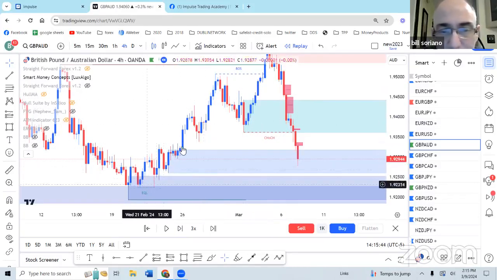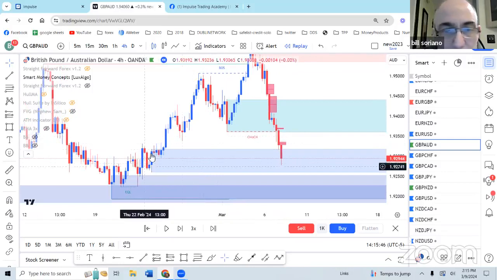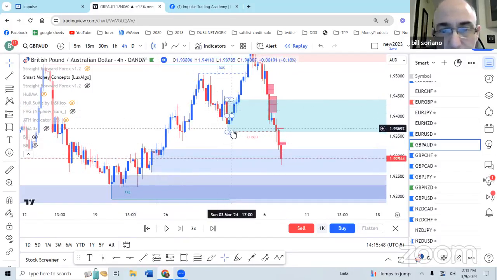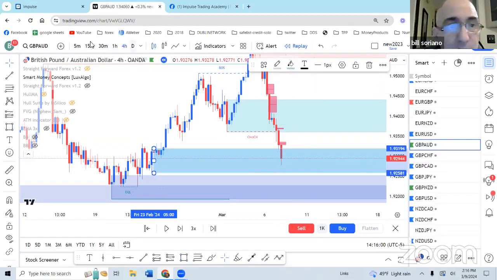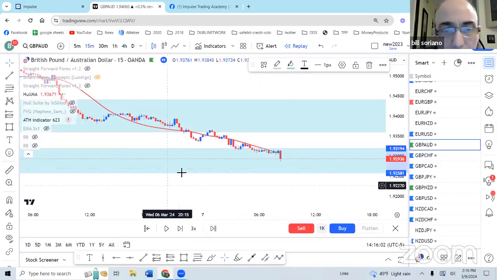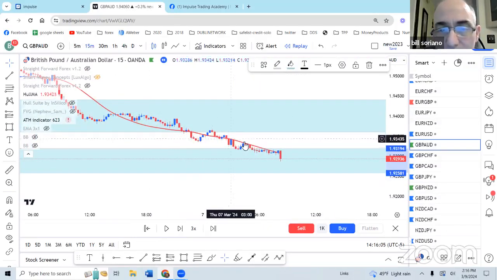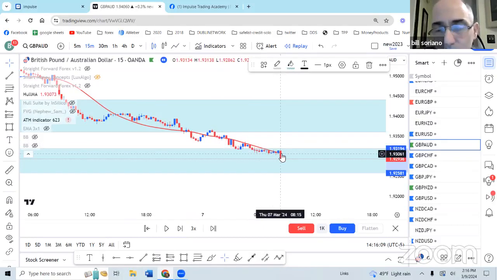We had this second order block down here, right? This was our first order block. And now we had another order block down here as well. So what happened is price went through the first order block, okay? But the red line never changed. And then it went down into the second order block.